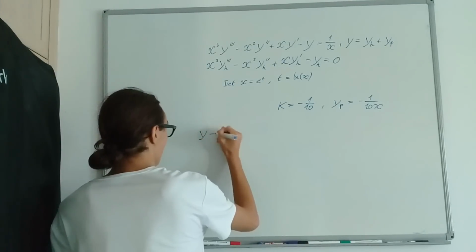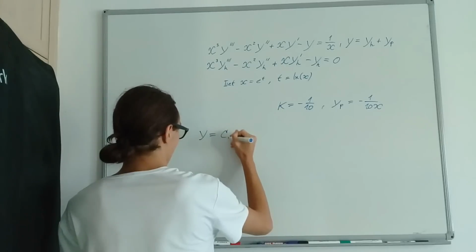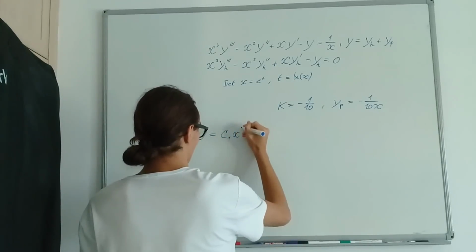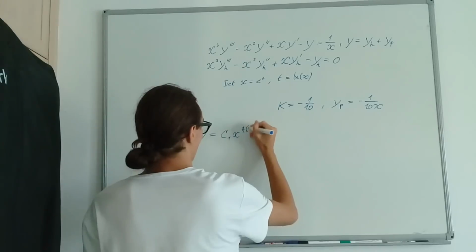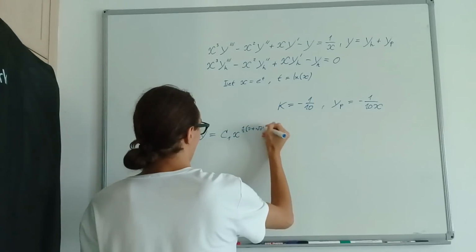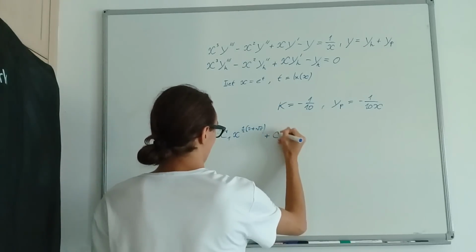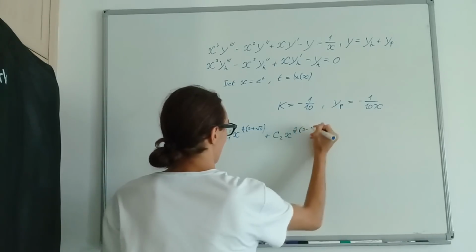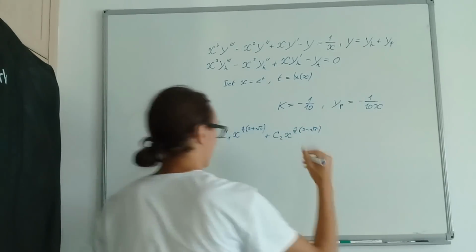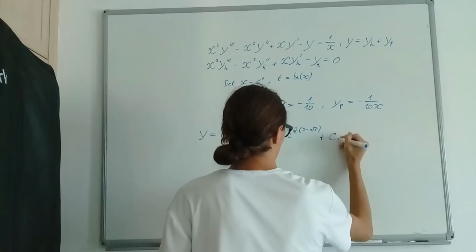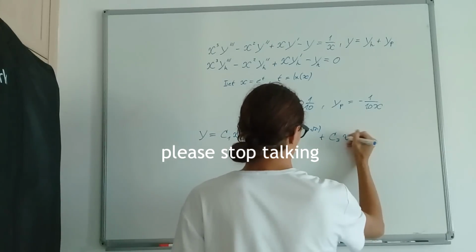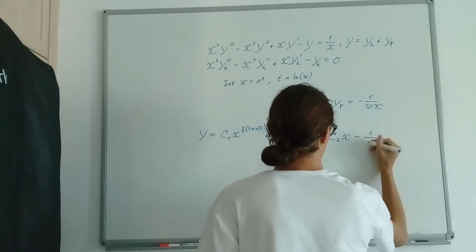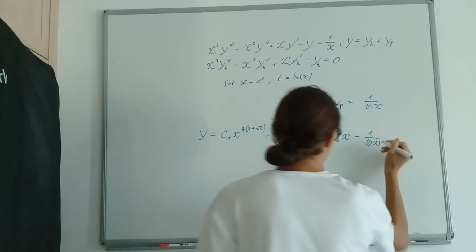So y is equal to c1 x to the 1/2 (3 plus square root of 5) plus c2 x to the 1/2 (3 minus square root of 5) plus c3 x minus 1 over 10x.